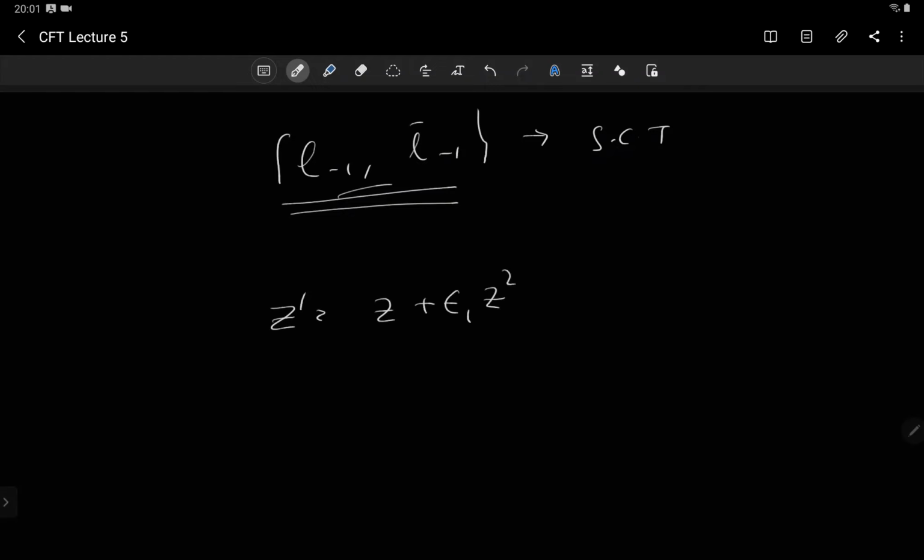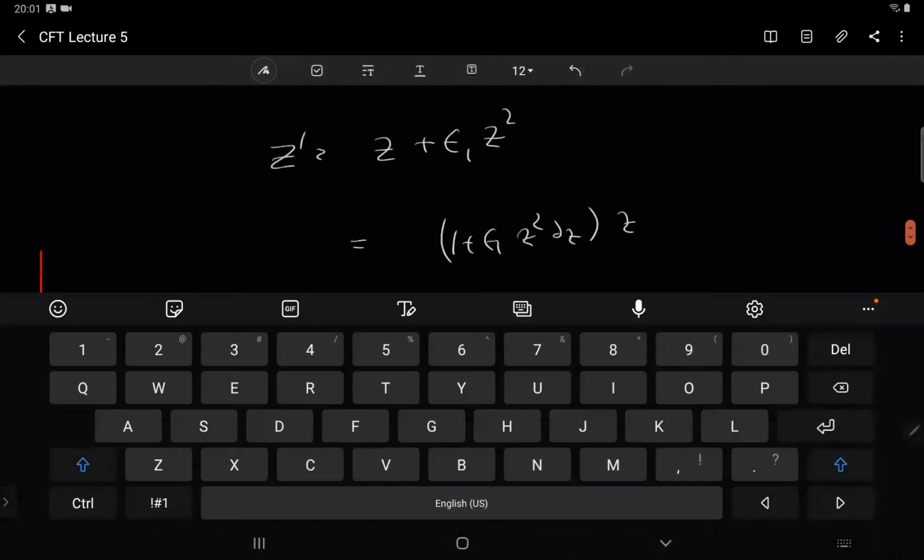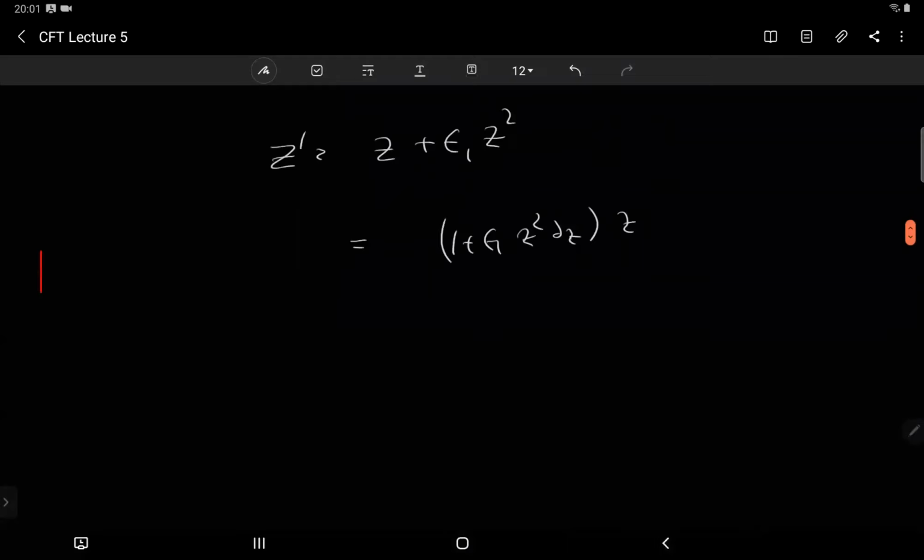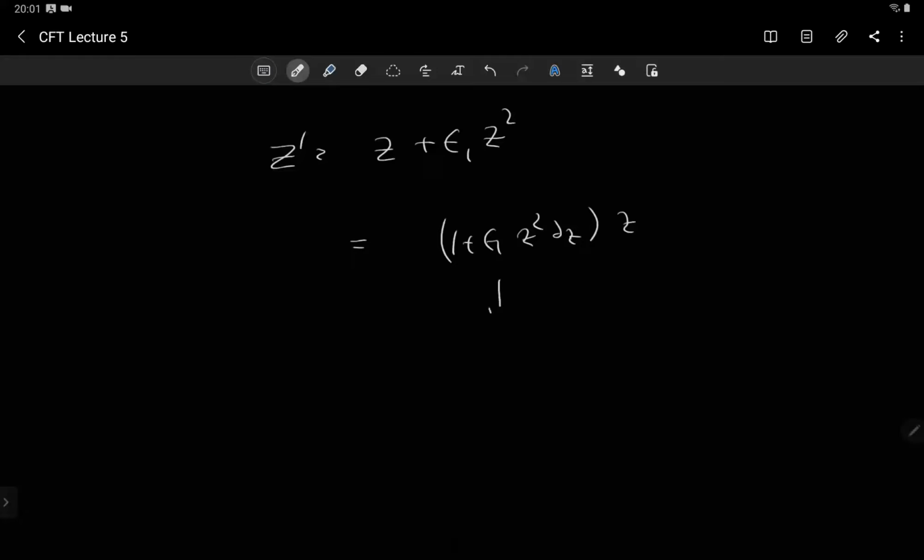And as we had said, you could write it down as 1 plus epsilon 1 Z square del Z acting on Z. I'm just trying to find the finite version of this. So we just exponentiate this, and you write some variable a Z square del Z. This is the finite transformation corresponding to epsilon 1.